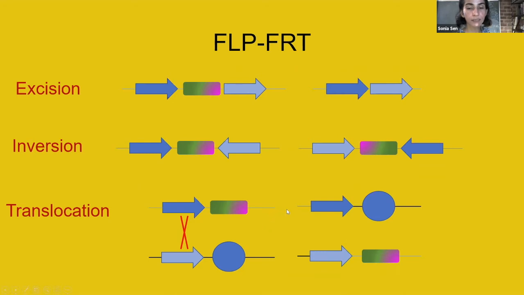But if this DNA sequence went on and there were 10 other genes down there, all of those would get swapped. It's basically exactly like your double-stranded break, but you're engineering it through FLIP-FRT. It's just swapping that chromatid, like we saw in the Curt example.